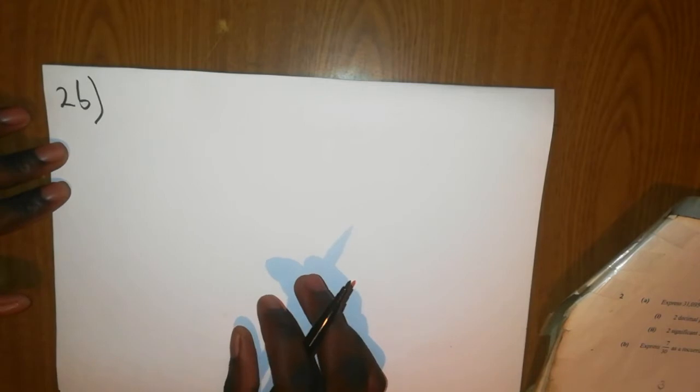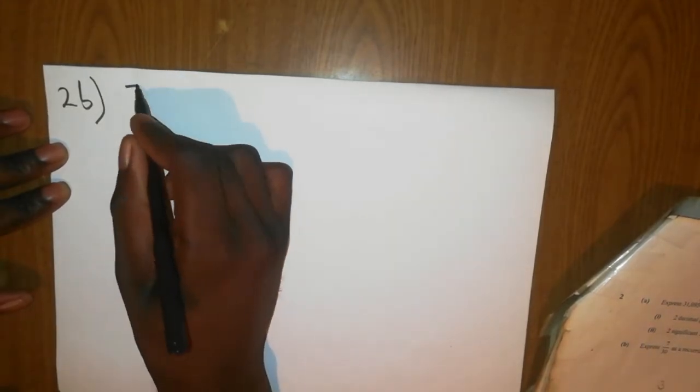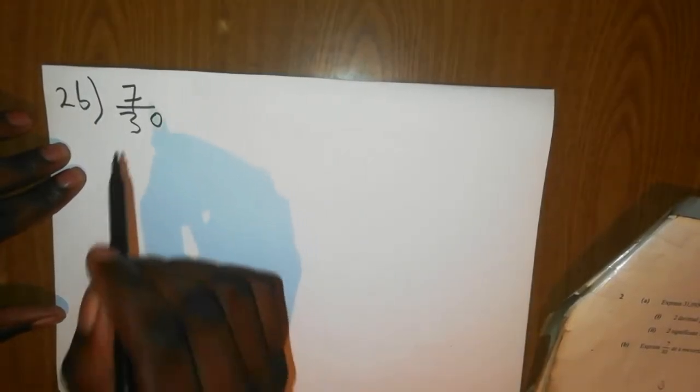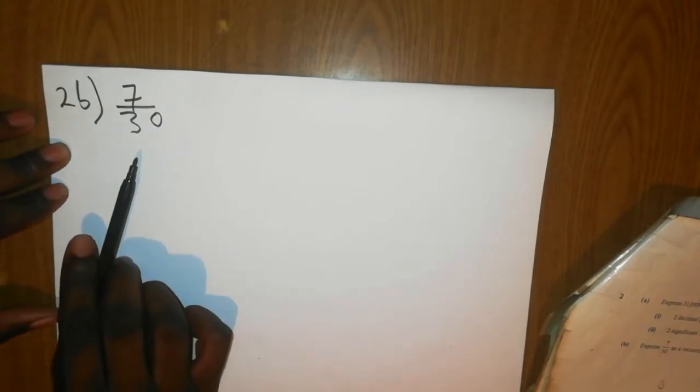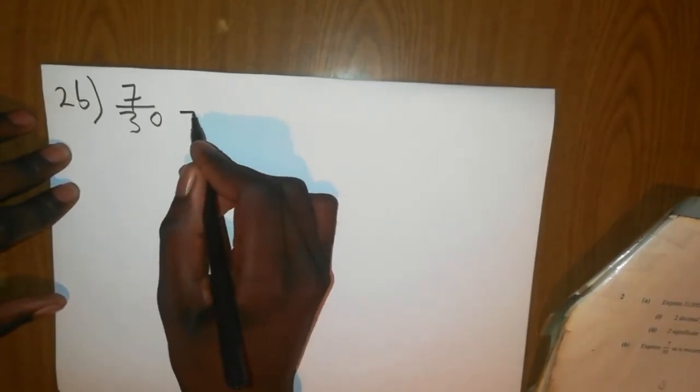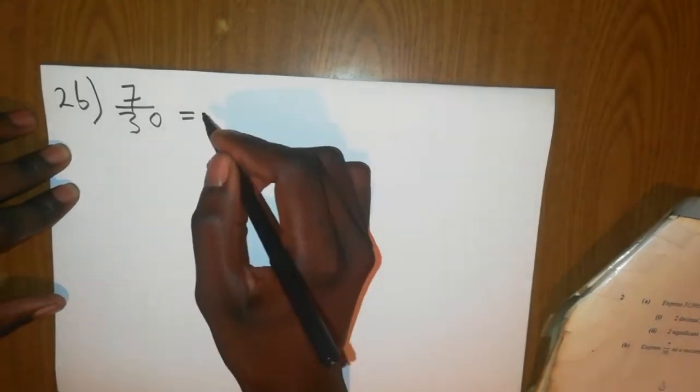So I'm doing number 2b. Express 7 over 30. 7 over 30 is a recurring decimal. The question already has specified it for you that this will come out as a recurring decimal. Now you are supposed to bear in mind how you will indicate that this is a recurring decimal. So simply we are going to say is equal to 30 into 7, that's 0.